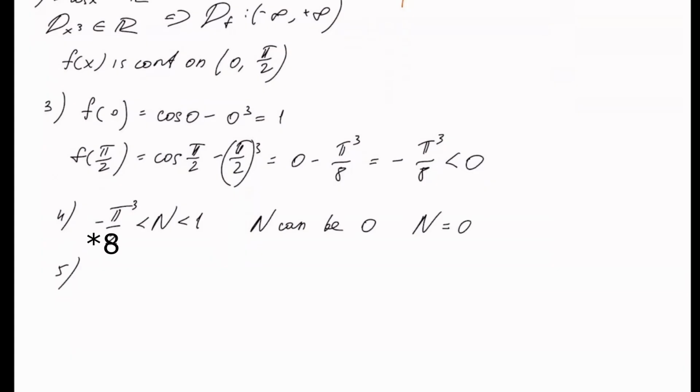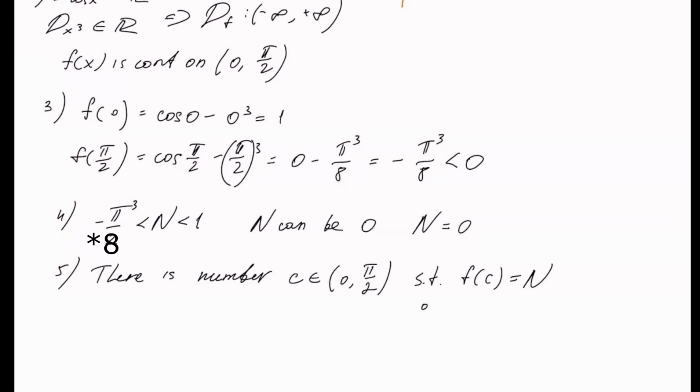And from here, we can say that there is a number c on the interval from 0 to pi over 2 such that f of c equals n, or f of c equals 0, by the IVT. And that would be the end of this problem.